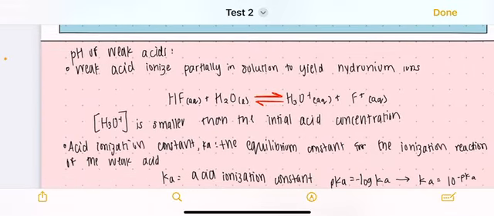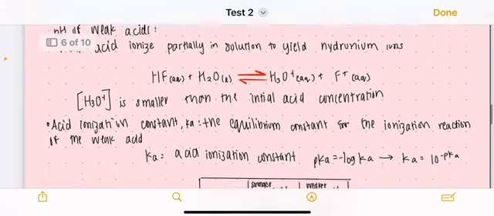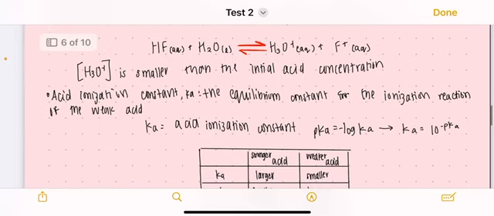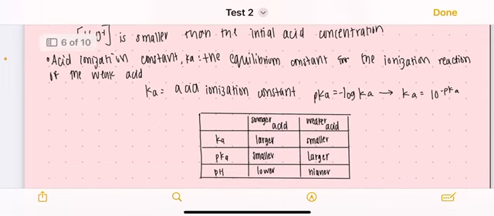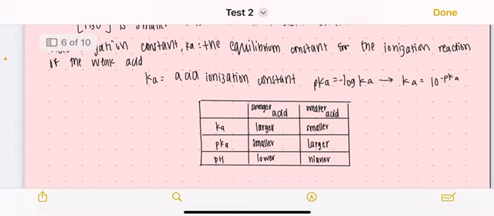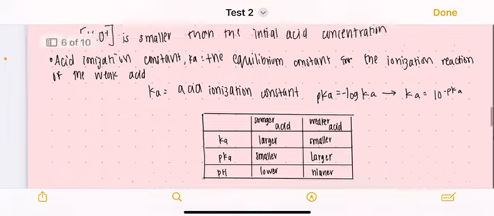pH of weak acids. Weak acids partially ionize in solution to yield hydronium ions. So the concentration of hydronium ions is smaller than the initial acid concentration. Therefore, the acid ionization constant, Ka, the equilibrium constant for the ionization of weak acids, is determined, and pKa is equal to minus log Ka, and Ka is equal to 10 to the power of minus pKa.